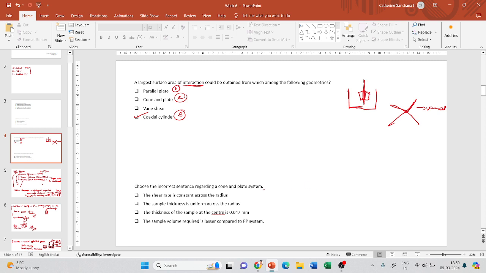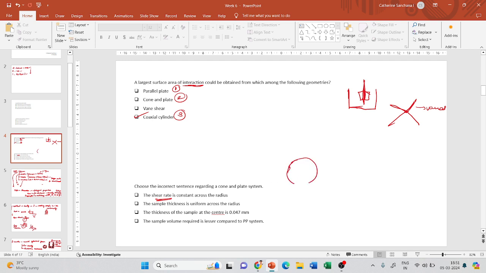Let us first compare with a parallel plate geometry, the concept of how shear rate varies with height and with radius.